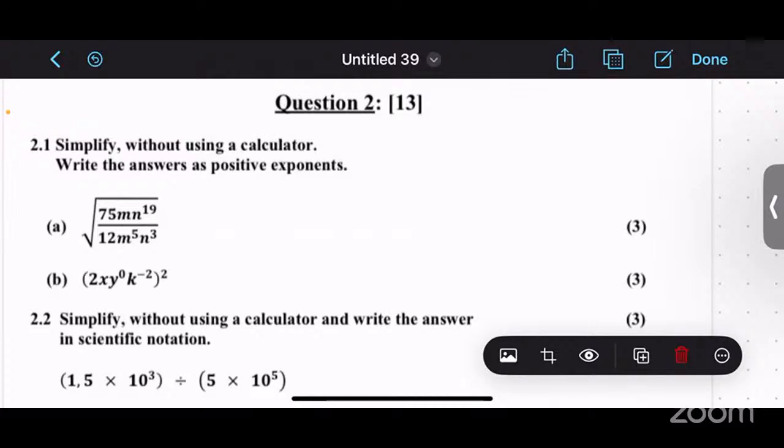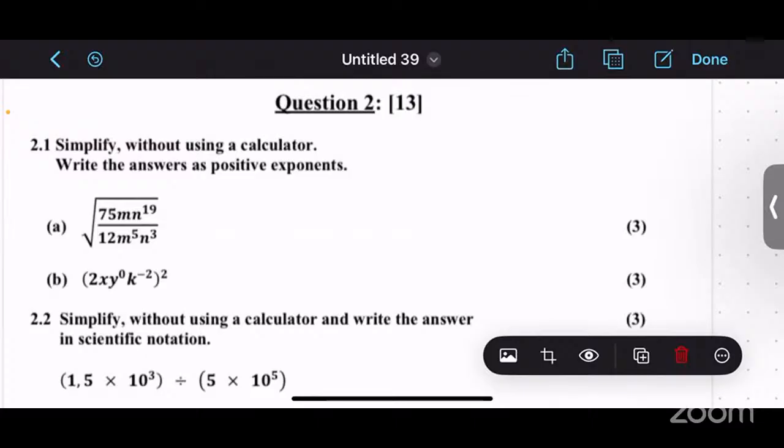So basically, when they say without using a calculator, they mean you shouldn't use it at all, but I'm saying that I used it just to check if my final answer is correct. The first question is the square root of 75mn to the power of 19 divided by 12m to the power of 5 n to the power of 3.